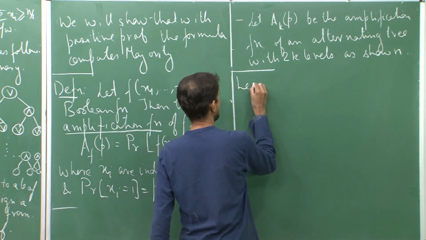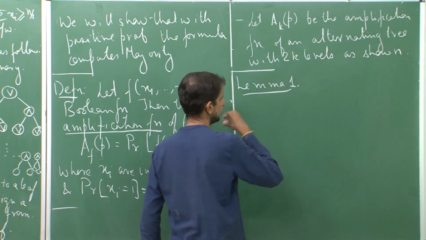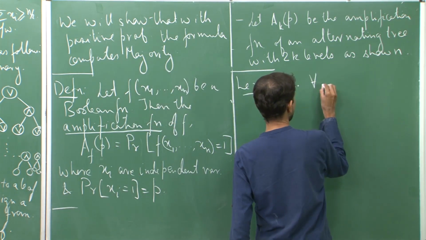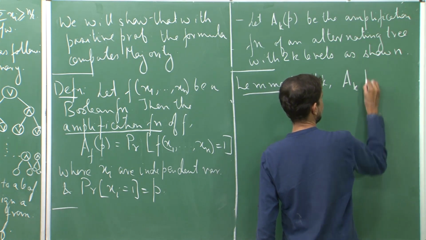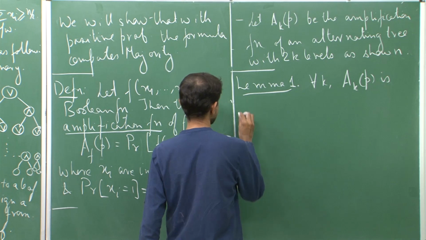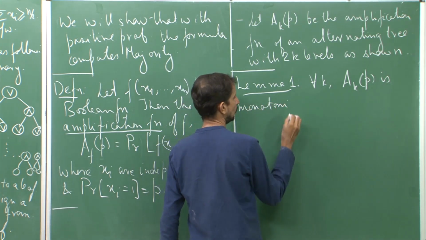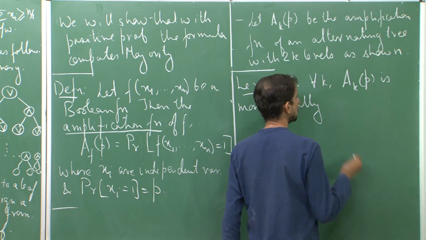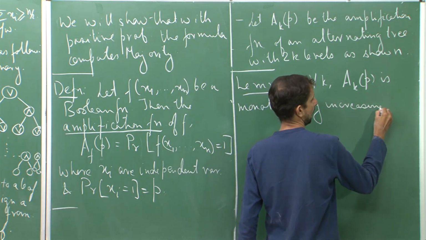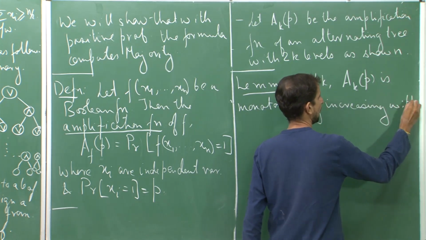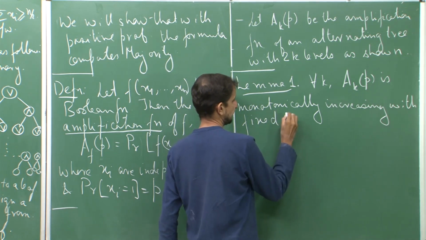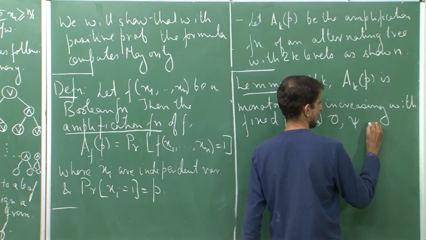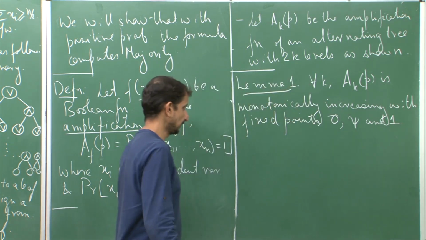So, the lemma that we want to prove, and this will essentially be enough to give us the theorem, is that for all k, A_k of p is monotonically increasing with fixed points 0, psi and 1, okay.